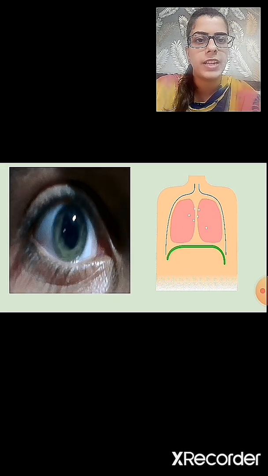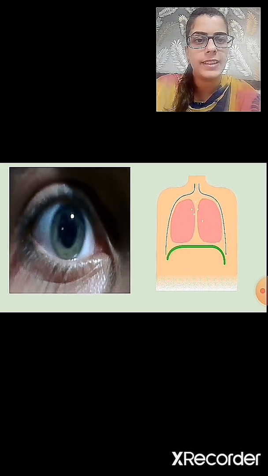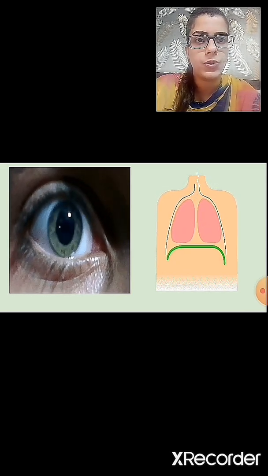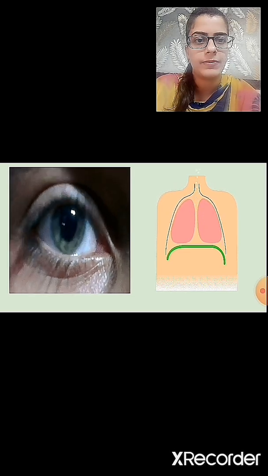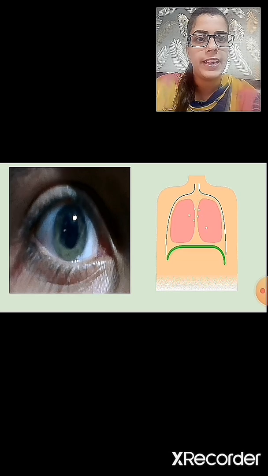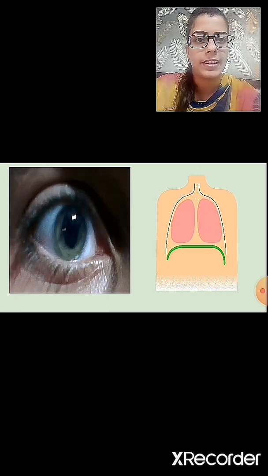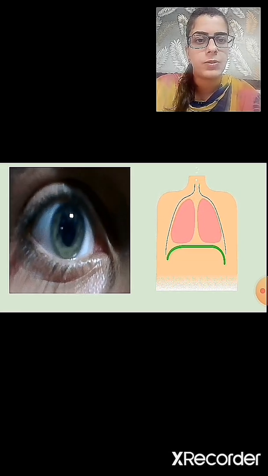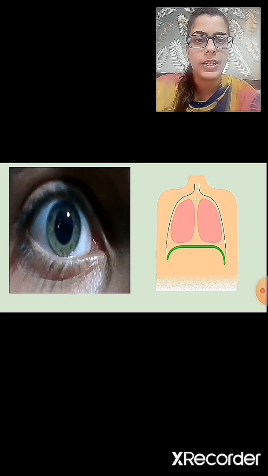You will observe that your eyes blink. At that time, the movement is shown by our eyes. While simply sitting, we breathe, that is, we inhale and exhale air. At that time also, the different parts of our body show movement.